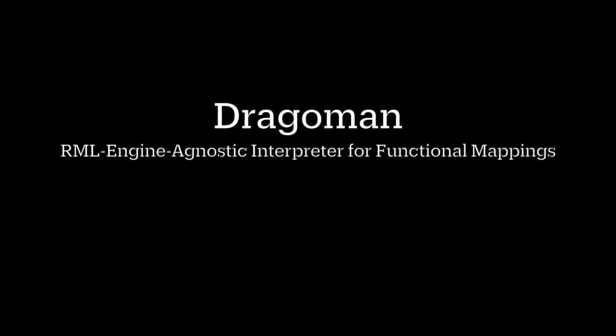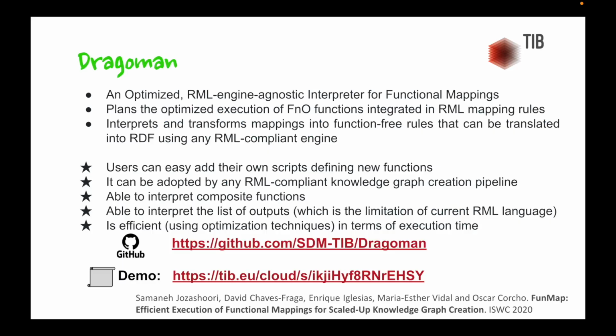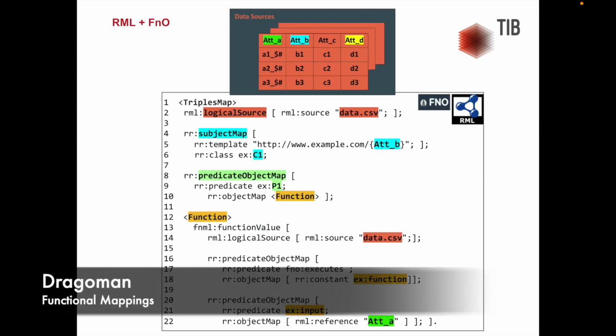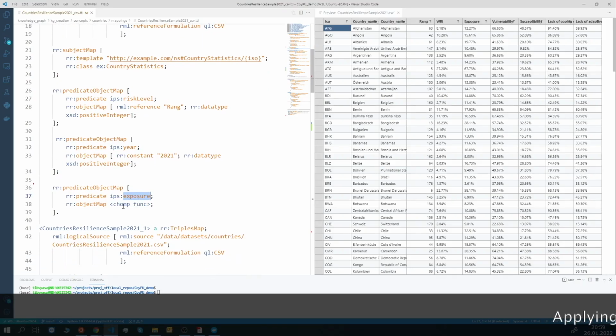Now, let's talk about the first component of the pipeline, Dragoman. Dragoman is a mapping interpreter that allows the user to transform mapping rules with functions into equivalent mappings without functions, as well as transforming the data to reflect these changes.